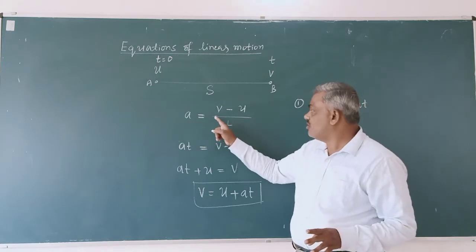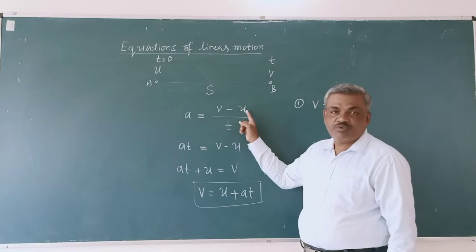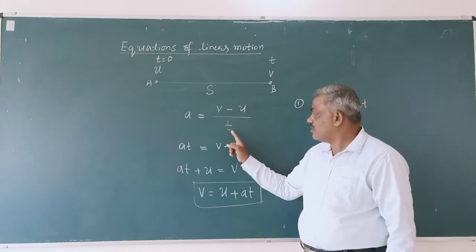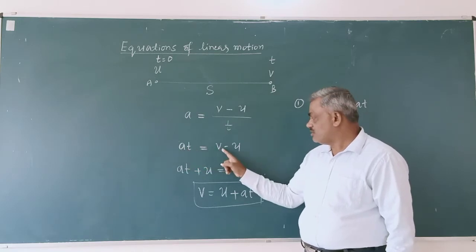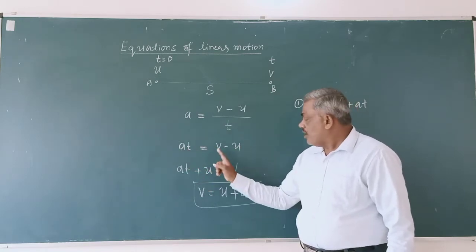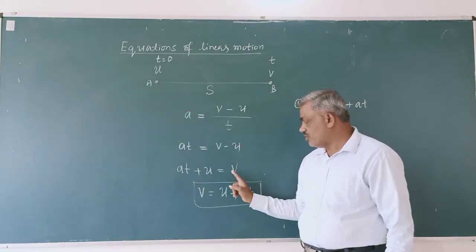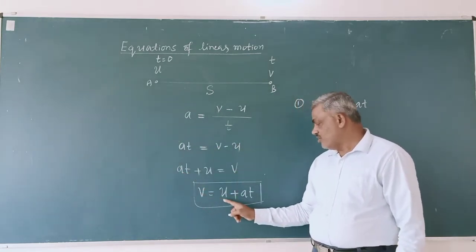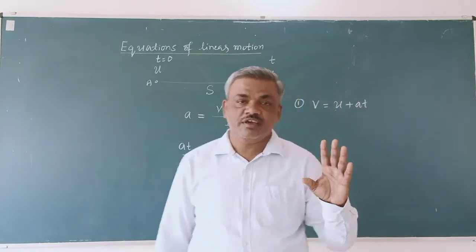So a equals V minus U by t, where V minus U is the change in velocity and t is the time. Now multiply a into t: a t equals V minus U. Take U to the left side, so a t plus U equals V. So V equals U plus a t. This is the first equation of linear motion.